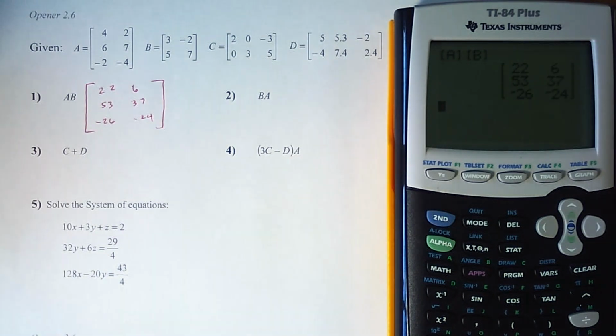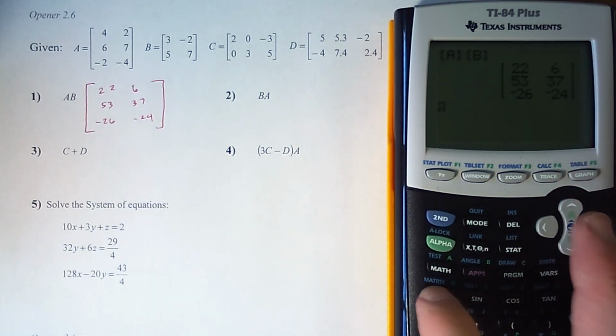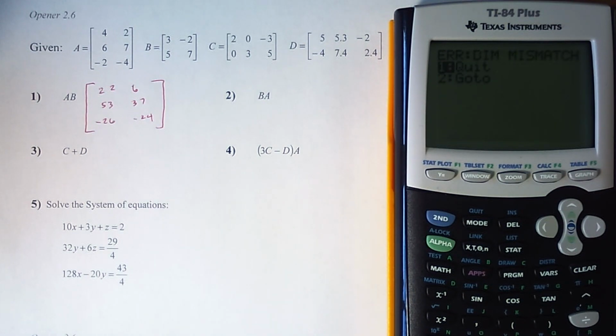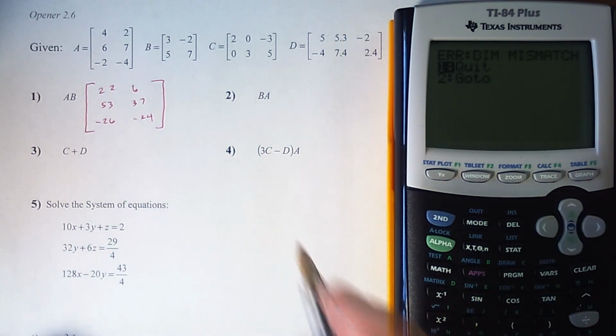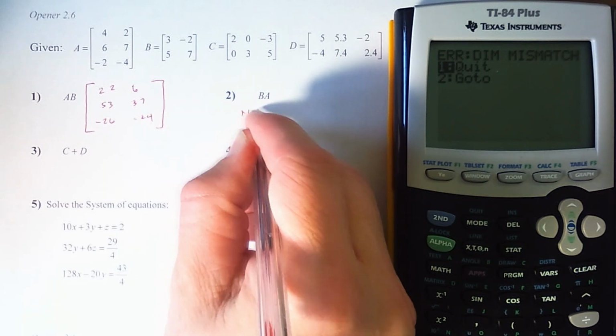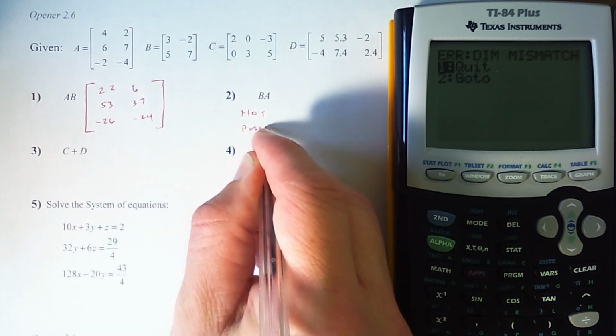Okay, then I've got matrix B times matrix A, second matrix B, second matrix A, and the dimensions don't work out to multiply those, so this one is not possible.